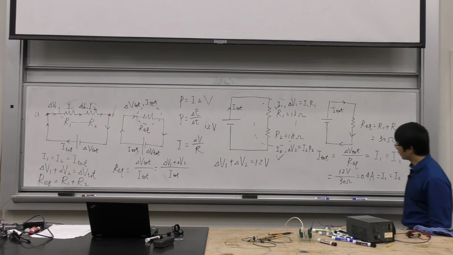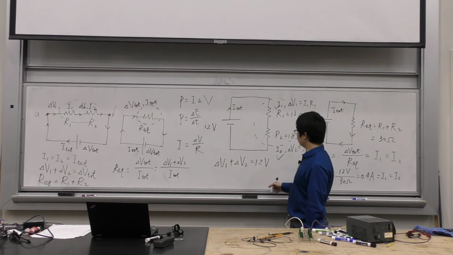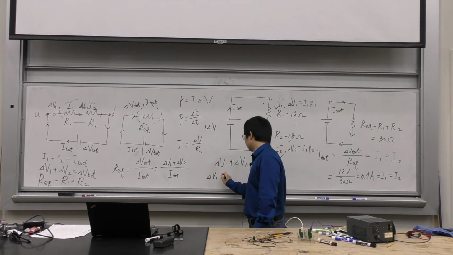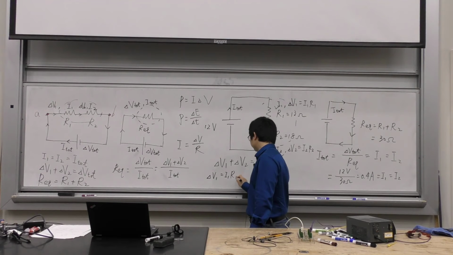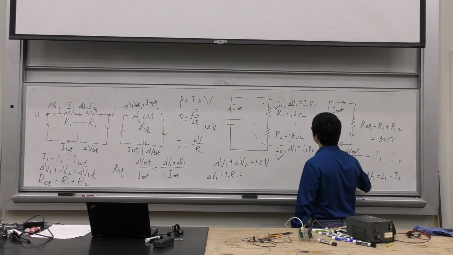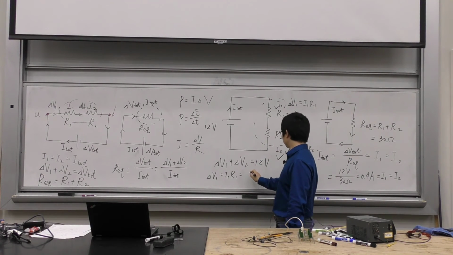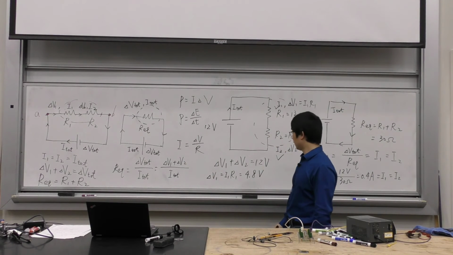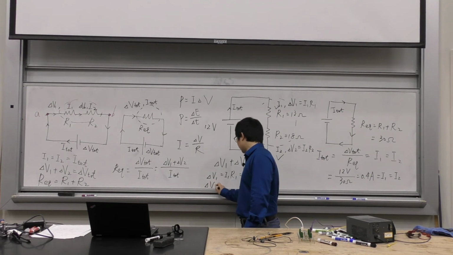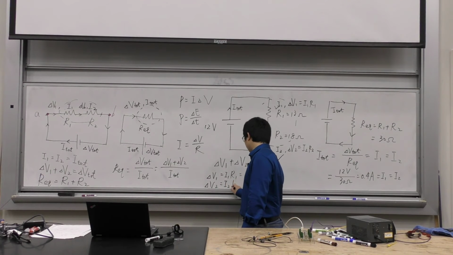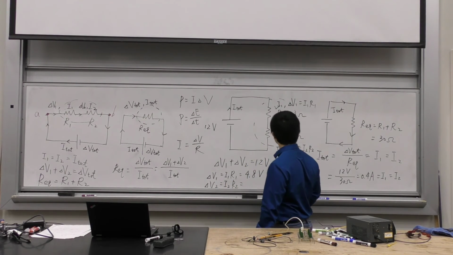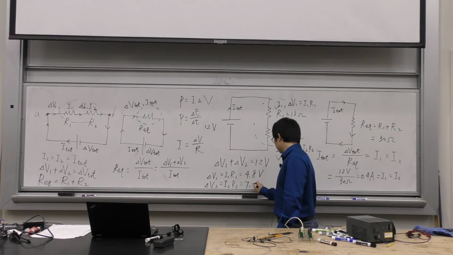If I know I1 and I2, I can find V1 and V2. V1 is going to be equal to I1 times R1, so this number times this is going to be 4.8 volts. And then V2 is going to be I2 times R2, which is 7.2 volts.